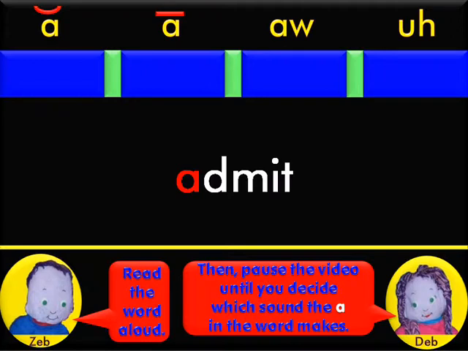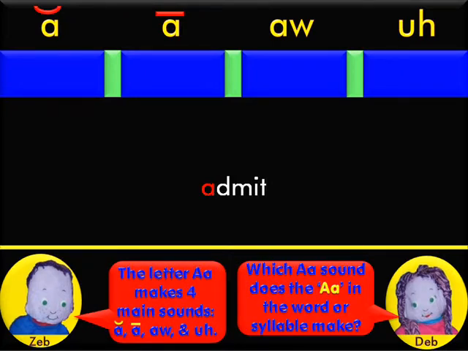Repeat after me. Admit. Which slot does it float into? Pause the video until you figure it out. Read the word with me. Admit. Which slot does it float into?